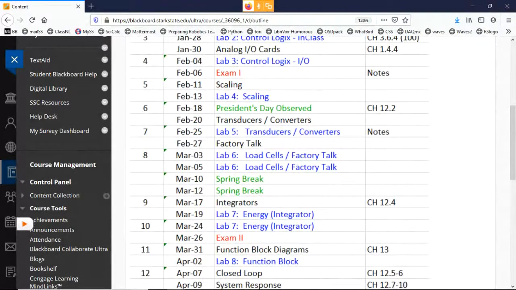FactoryTalk was the version of software provided by Rockwell or Allen Bradley to interface with their PLCs and to build those HMIs with. And so we did that lab with that.